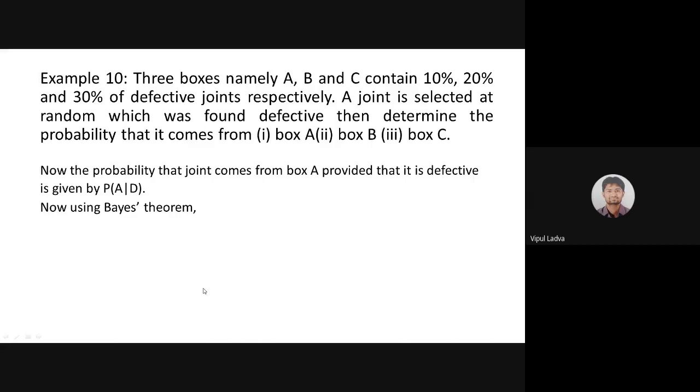Who will help me, please? Be fast. We are not having all day for this. Any of you, quickly. Who will help me? I need the formula for the Bayes theorem for this situation.